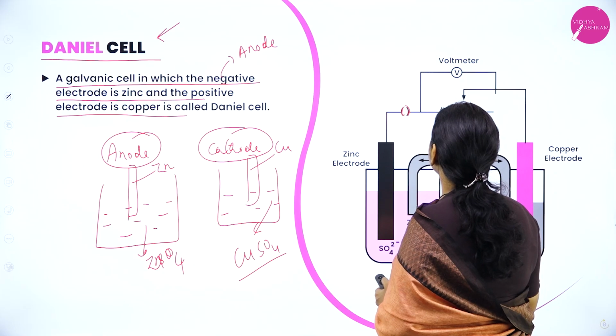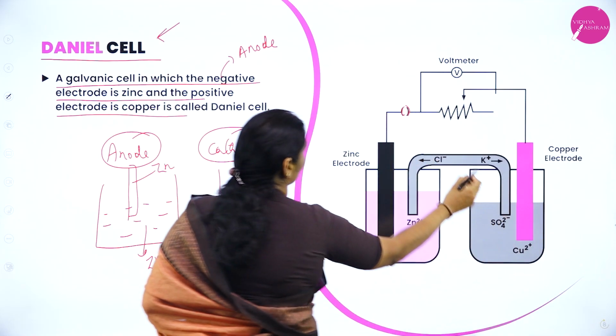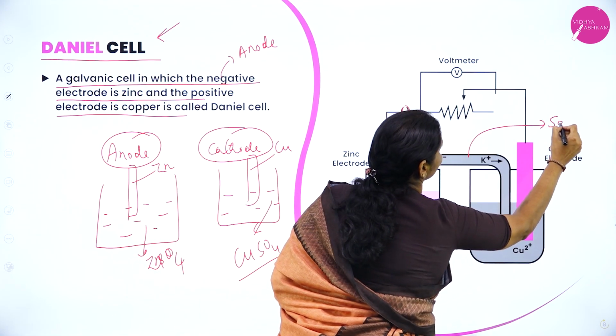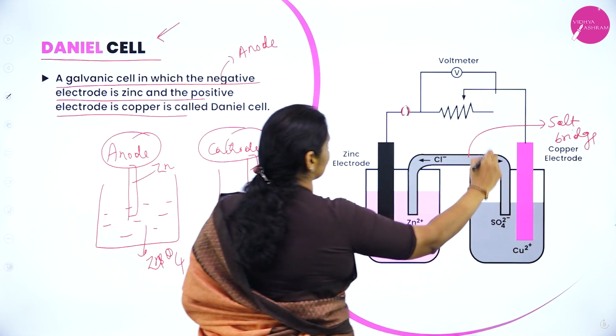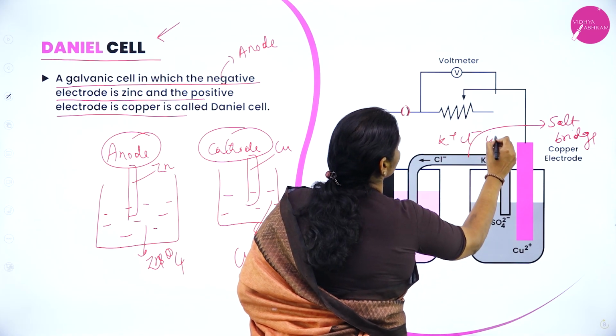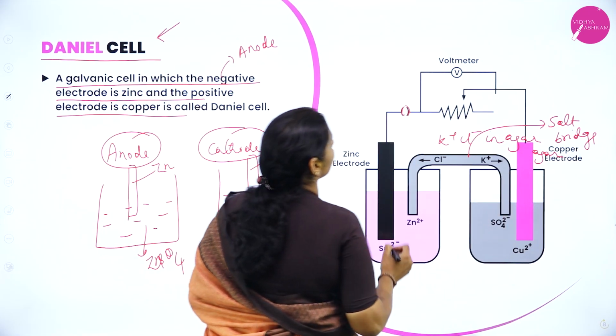The two metal rods are connected externally using a conducting wire through a switch key as well as variable resistance, and they are internally connected by an inverted tube. This inverted tube is called salt bridge. Salt bridge is an inverted tube which is filled with K plus and Cl minus ions in agar-agar.